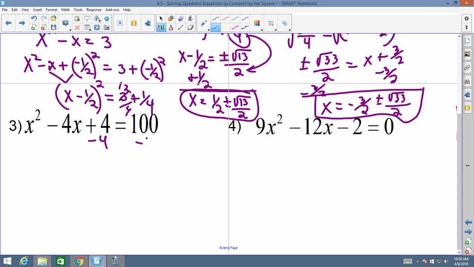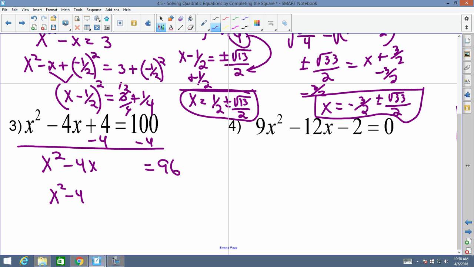Subtract 4 from both sides. So please pay attention so you don't get lost. This equals 96. I'm going to add b over 2 squared to both sides.